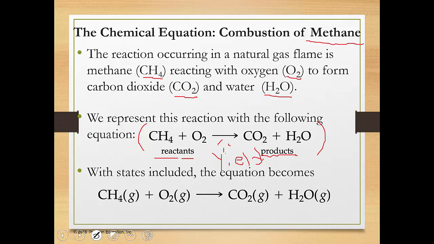Those are our products. Now, if we include the states in that, the equation that we see looks like this one down here. So we note that CH4 is a gas. We note that O2 is a gas, CO2, and H2O. Everything in here is going to be in the gaseous state. So we want to include that so that somebody realizes we're not talking about liquid water or dry ice or something like that.